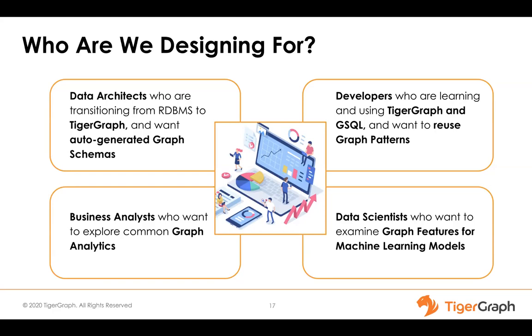And third, developers can also take advantage of these two tools when they're learning TigerGraph and GSQL. And also, you can share and reuse the graph patterns among different teams. And of course, for data scientists, graph patterns are very useful for the graph features for the machine learning models.